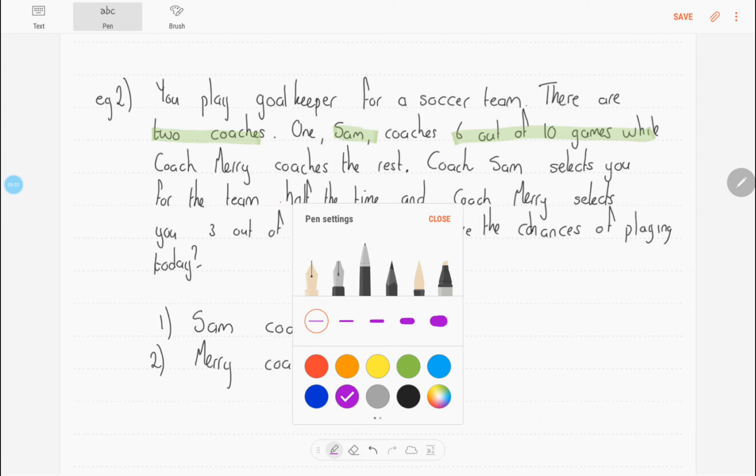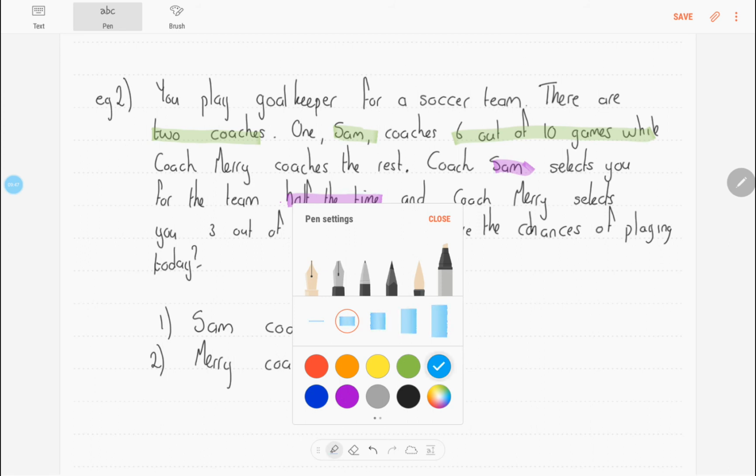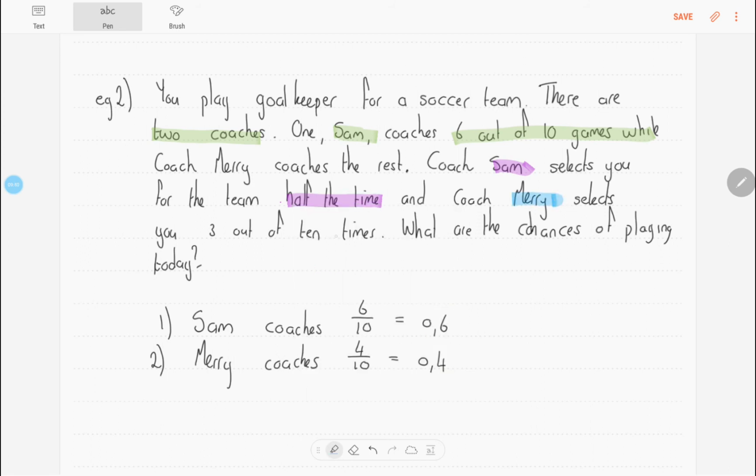Depending on which coach we get, we're going to be selected a different amount of time, so it's dependent on who coaches us. Coach Sam selects us half the time, and Coach Mary selects us 3 out of 10 times.